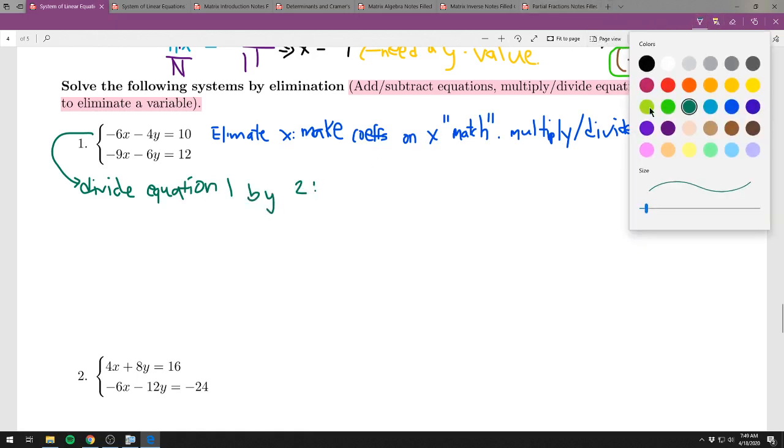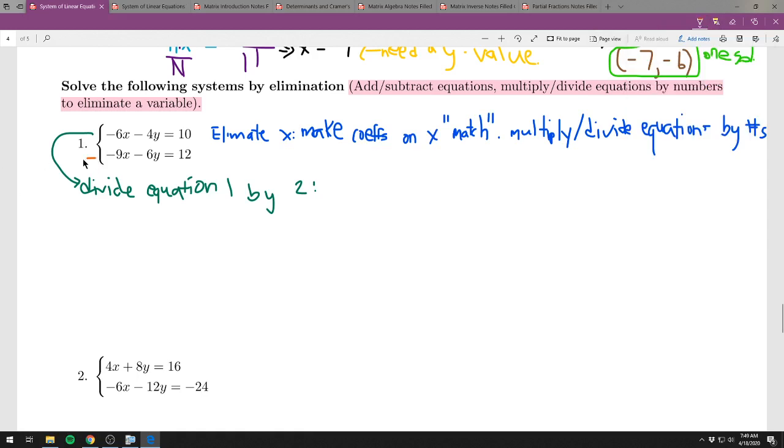And I'm going to divide equation 2 by, I'm going to make it -3 instead of 3, because I want that opposite thing. I want the numbers on x to be the same value, but have opposite signs. So same absolute value.